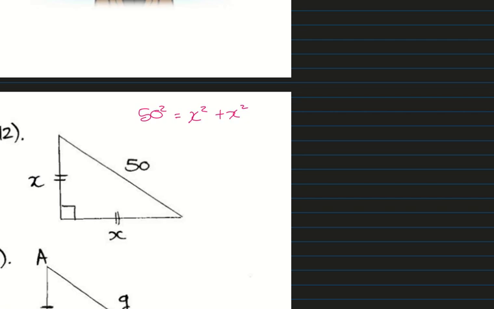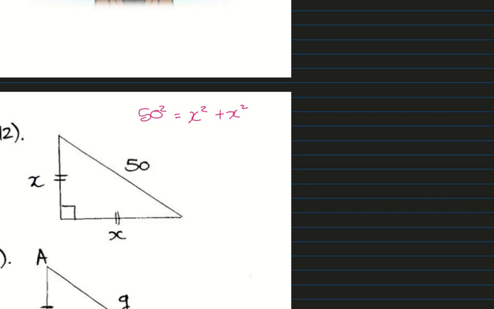Listen here. The theorem of Pythagoras states that in any right angle triangle, the square... In any right angle triangle, the hypotenuse squared is equal to the sum of the other two sides squared.